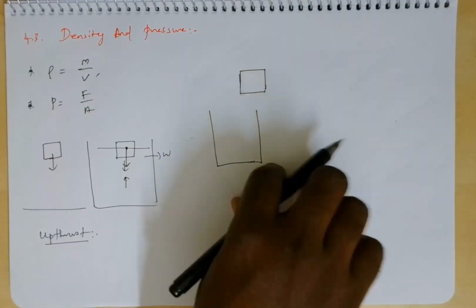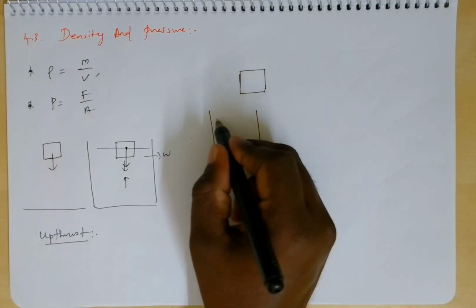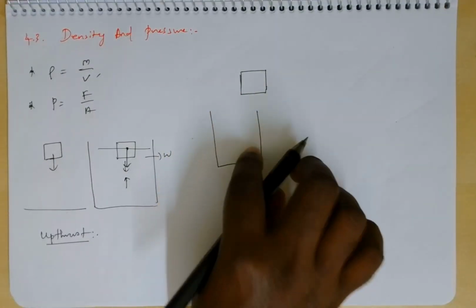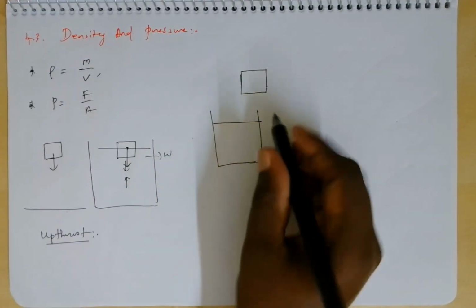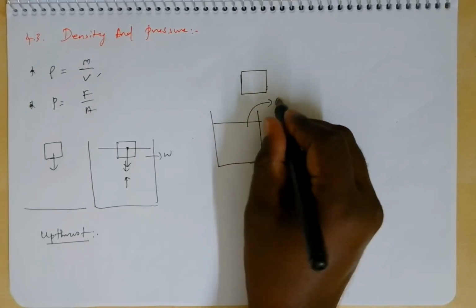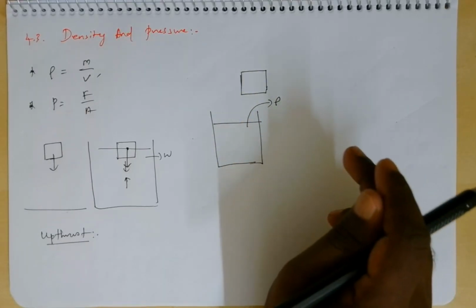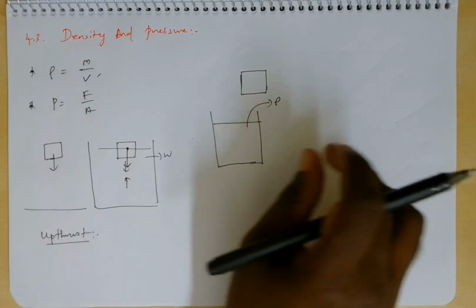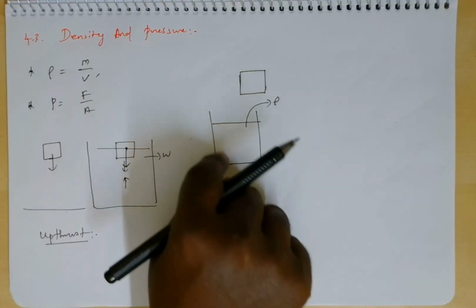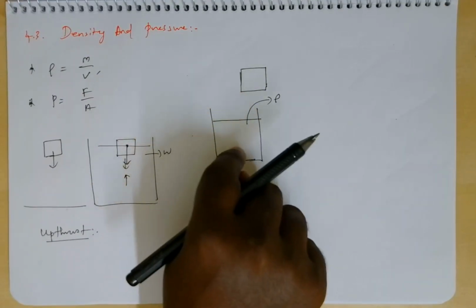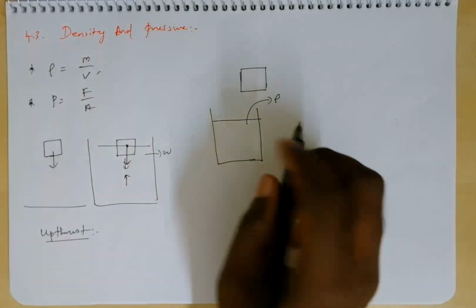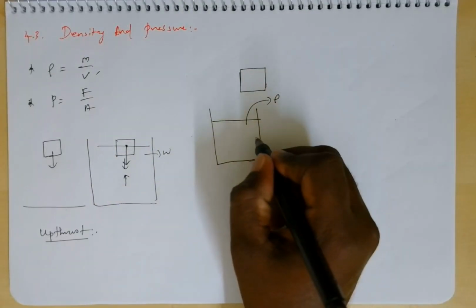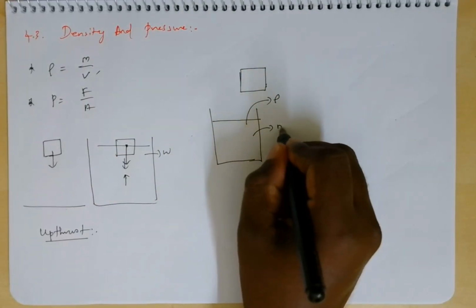Let's take a tub and fill it with liquid whose density is rho. We are going to assume this liquid has uniform density all over. The liquid will have mass, so that mass is m.